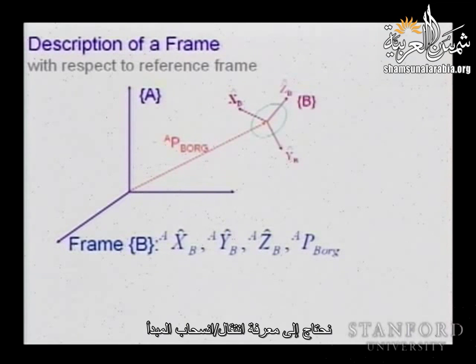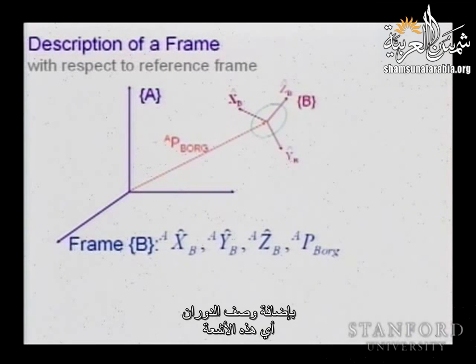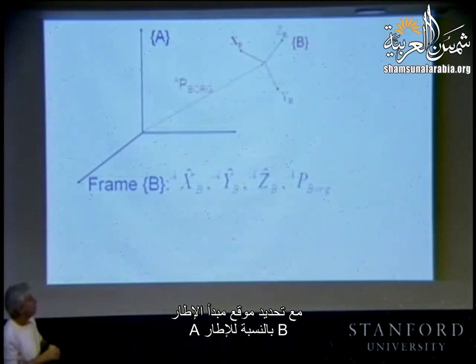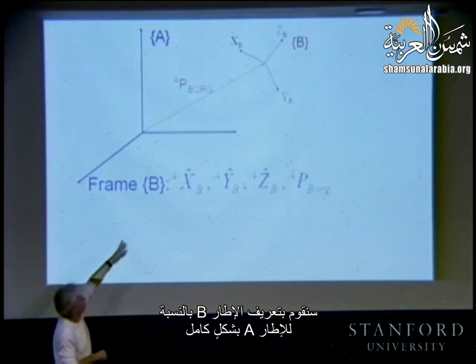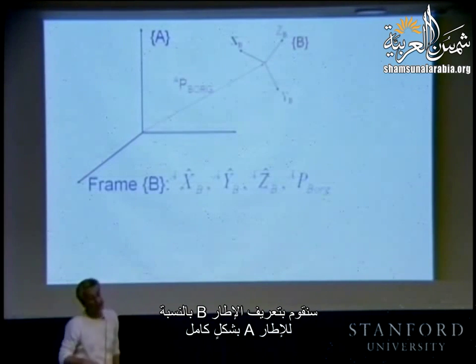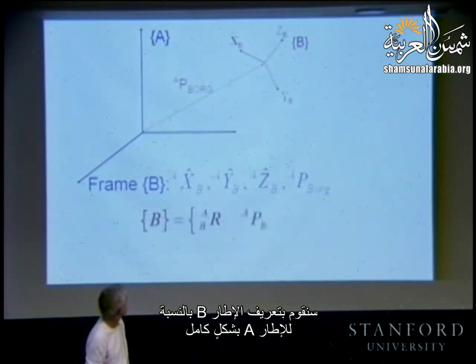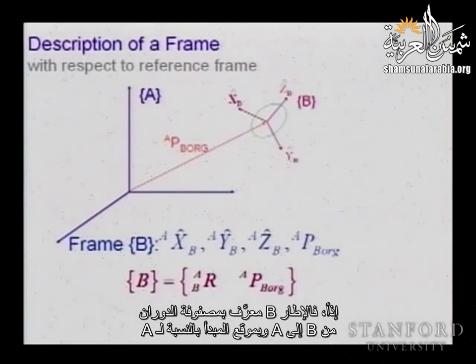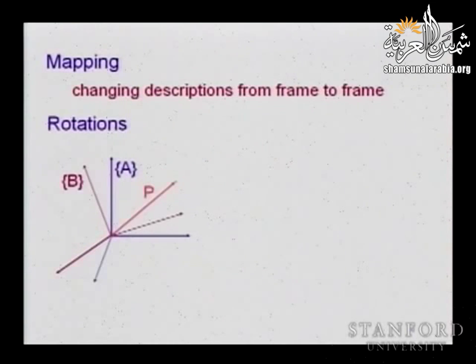We need the translation of the origin, and by combining the description of the rotation, that is those vectors, and by locating the origin of the frame B with respect to A, we are going to define fully the frame B with respect to frame A. So the frame B is essentially defined by this rotation matrix B to A and by the location of the origin with respect to A. Okay.